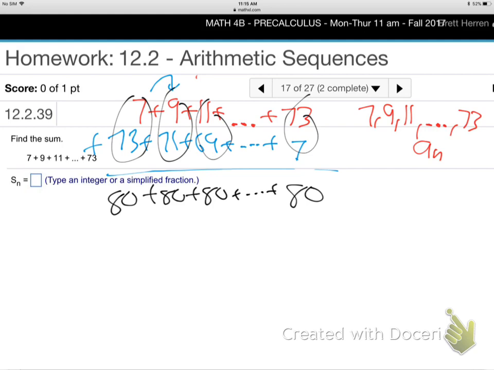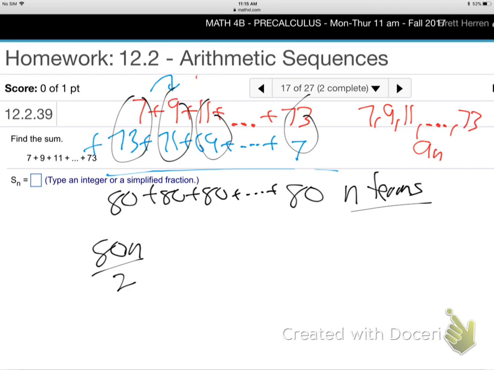At this point, let me just give you the formula. Let's just say there's n terms. We don't know what n is. How would you figure out what they all add up to be? You would take 80 times n, because there's n 80s. And you would divide by 2 because that's the list twice, forward and backwards.